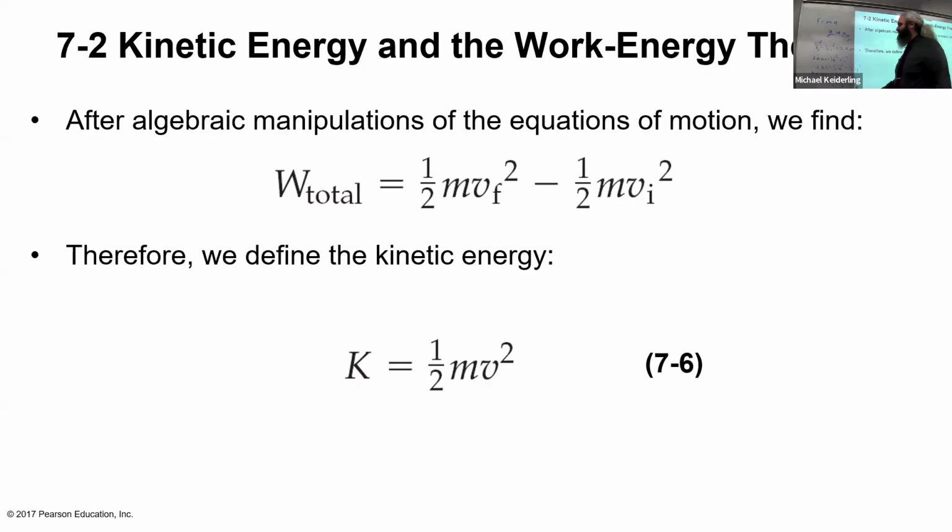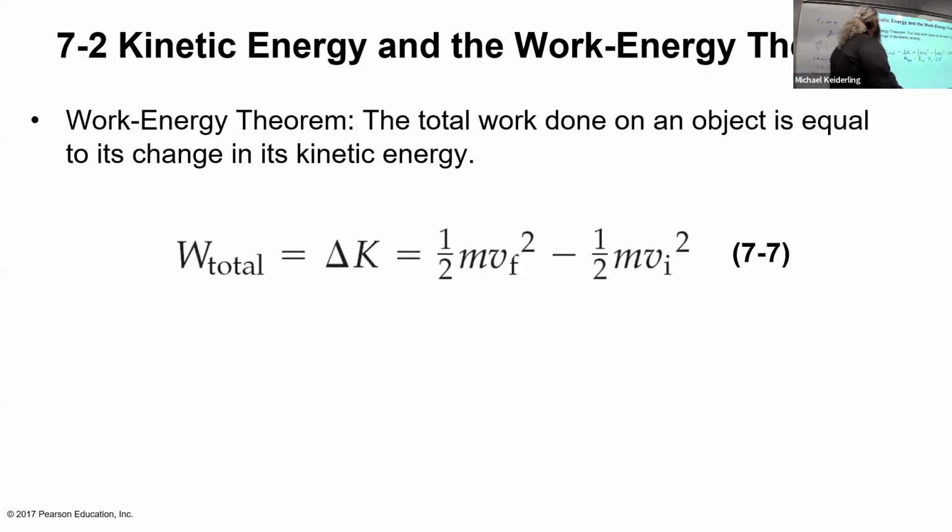That is the work energy theorem. Work is equal to the change in kinetic energy. So the total work is equal to the change in kinetic energy. I'll just write out the more general work.